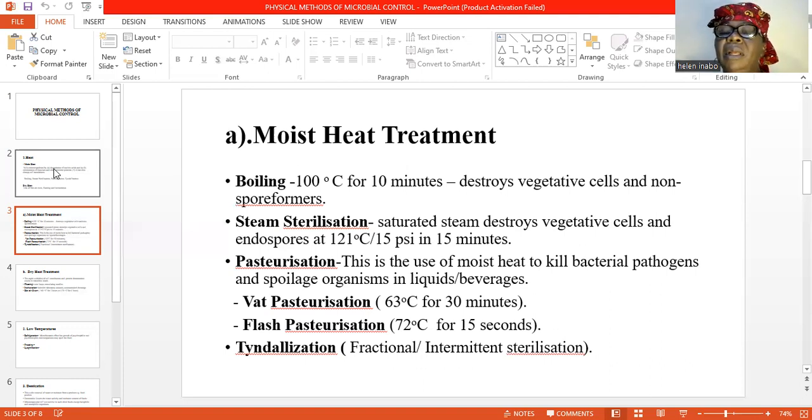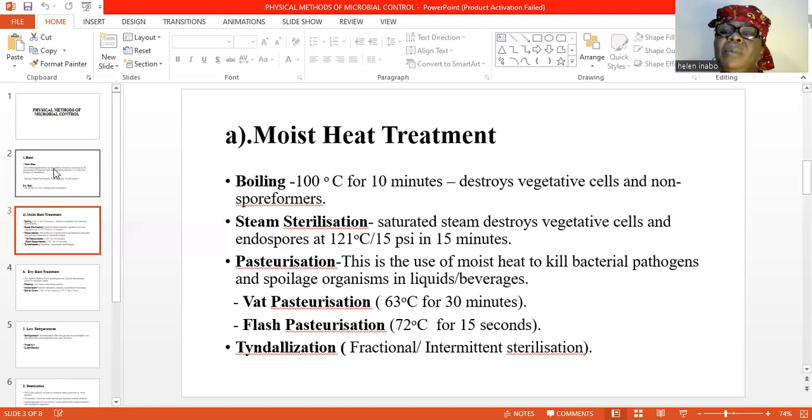Before the closure of the autoclave, it is expected that a biological indicator should be included. This biological indicator is used to check whether the sterilization protocol was complete.